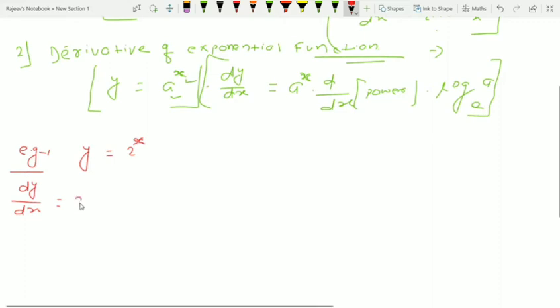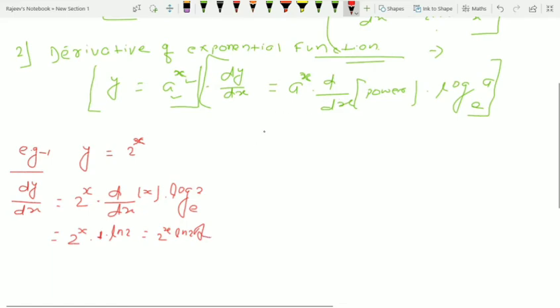We put as it is, into differentiation of the power, and here the power is also x, into log base e of 2. So this result will be 2 power x, differentiation of x will be 1, into ln of 2. So this result will be 2 power x ln 2, and this will be our answer.